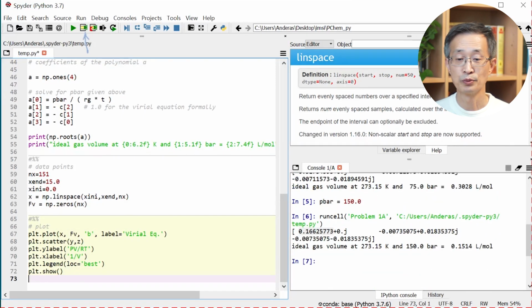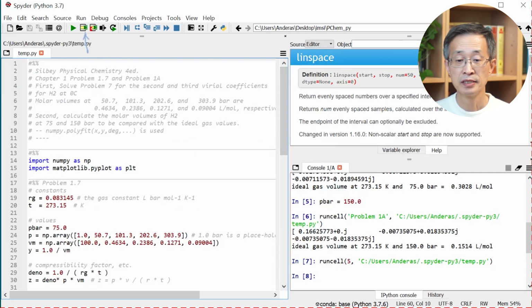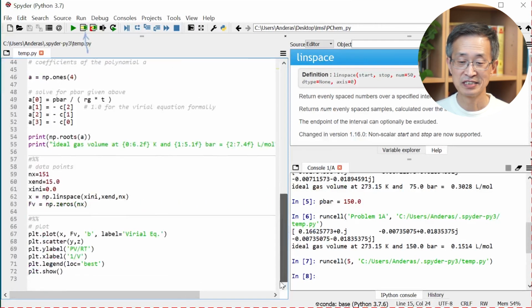So we'll just run this first. Done. And then we call matplotlib.pyplot as PLT, meaning the routine is coming from this package. So PLT plot.